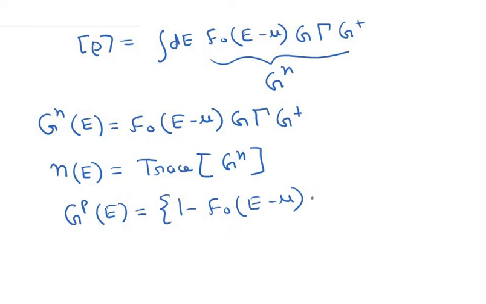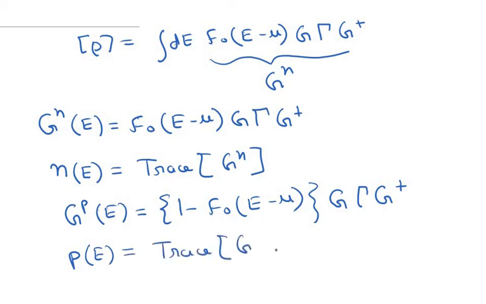So for holes it should be the probability of vacancy, which is 1 minus F0, then G tau G dagger, and the whole function P of E is basically given by trace of Gp.